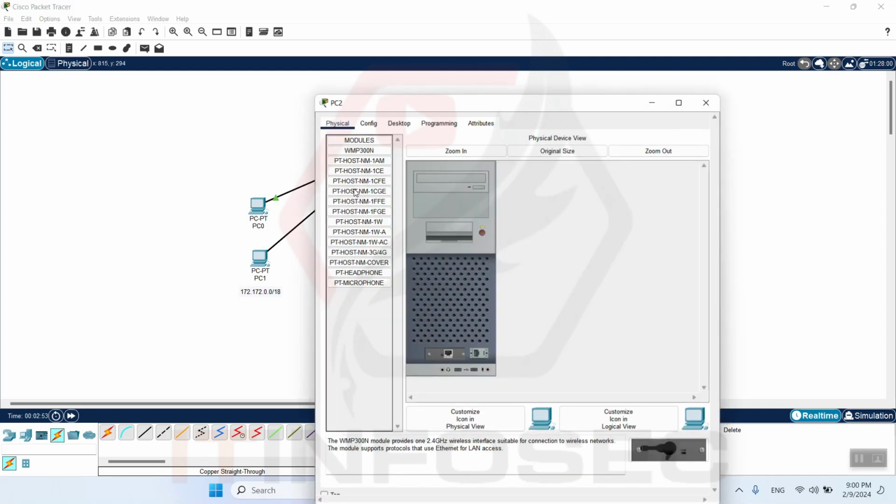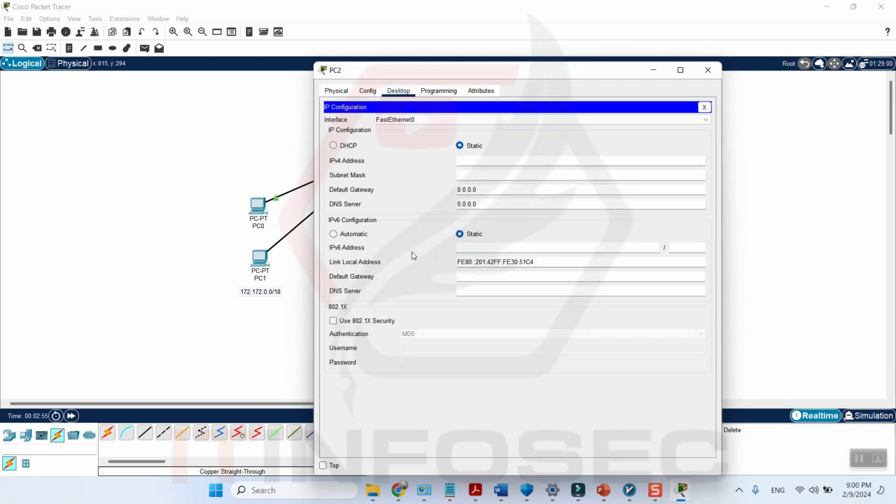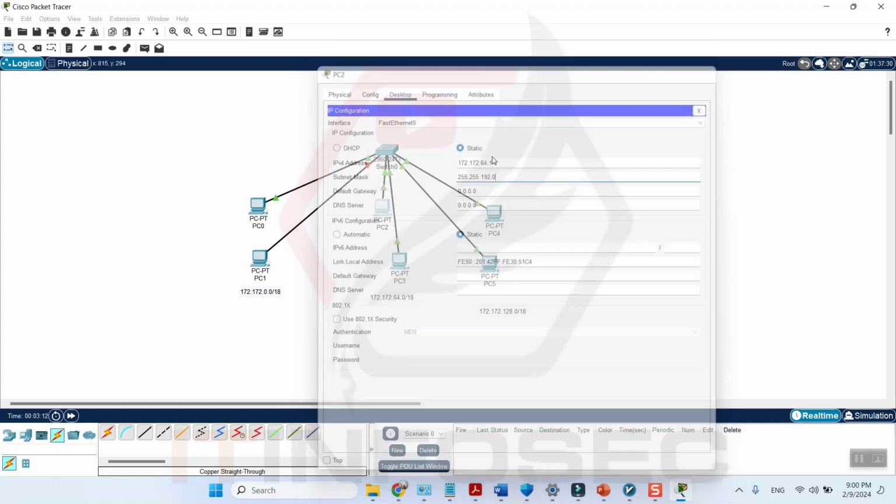The next subnet is this one, 172.172.64. Well, let's configure the IP addresses: 172.172.64.1. All subnet masks are the same because all have 18 one bits in the subnet mask.